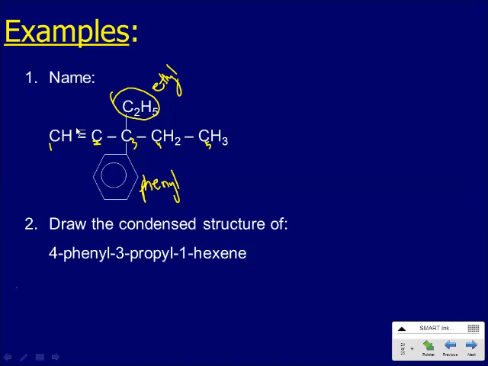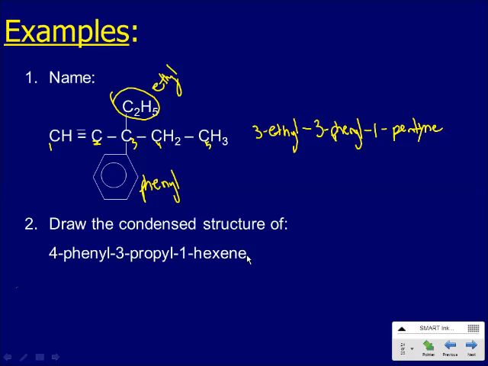So base name, 5 with a triple bond after the number 1 position. That is a 1-pent. What does it get on the end? Pentyne. That's a 1-pentyne for the triple bond. Now my branches, ethyl first, 3-ethyl, and the phenyl's also on the 3. 3-phenyl, 1-pentyne. Okay?